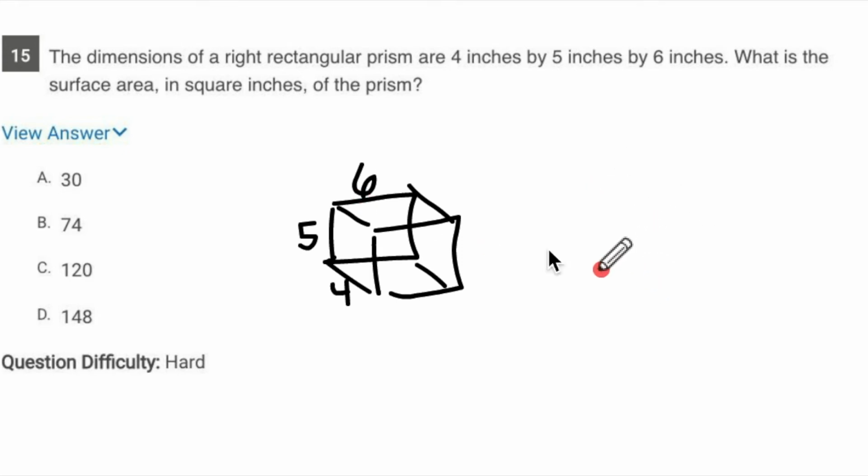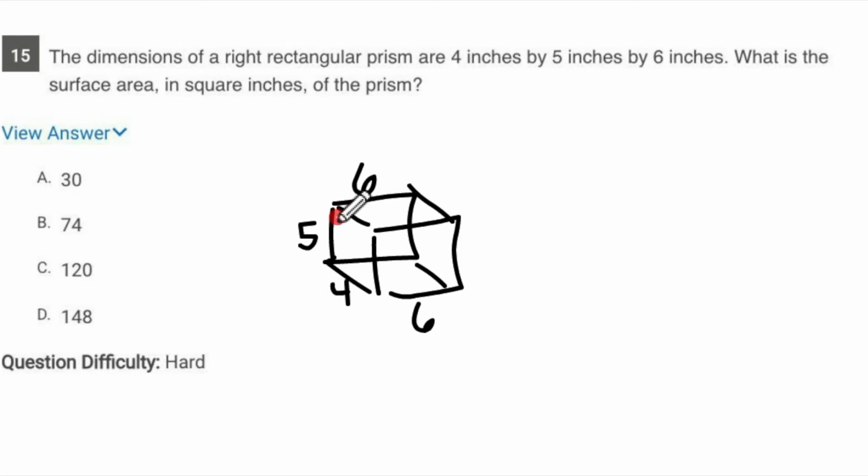We're trying to find the surface area. So there's a 5 by 4 side. How many 5 by 4 sides are there? There's a 6 by 5 side, and this would be a 6 times 4 side. So we have all those sides, and we're just going to figure out each of them.